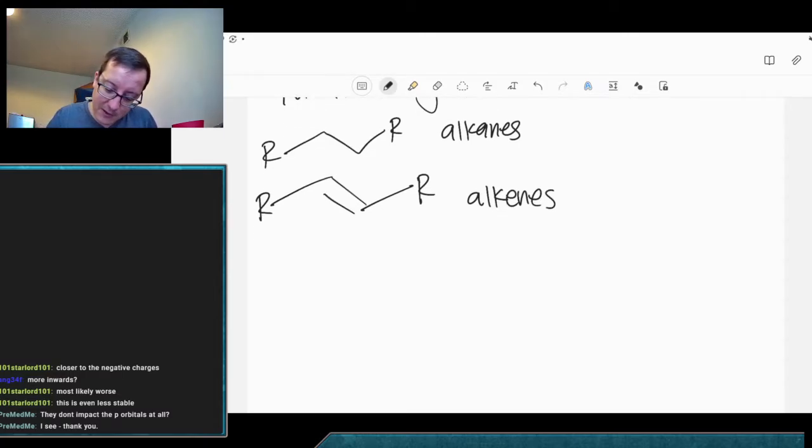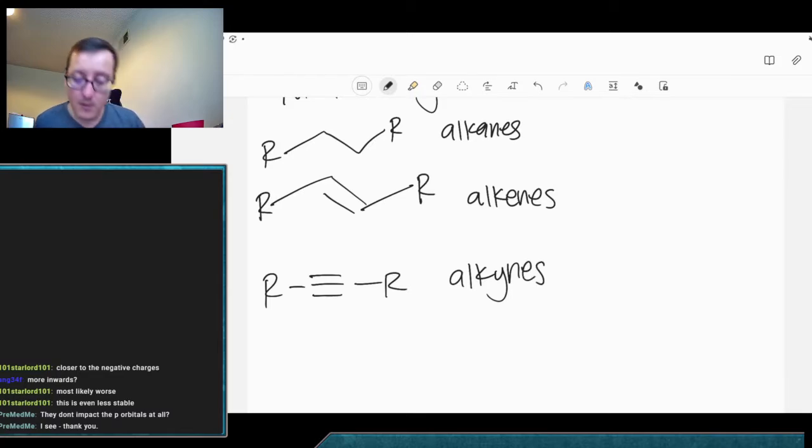If we have a triple bond, those are called alkynes. We'll be talking about all of these this semester, so all of these hydrocarbons. We're looking at these double, triple, and single bonds here for these three functional groups.